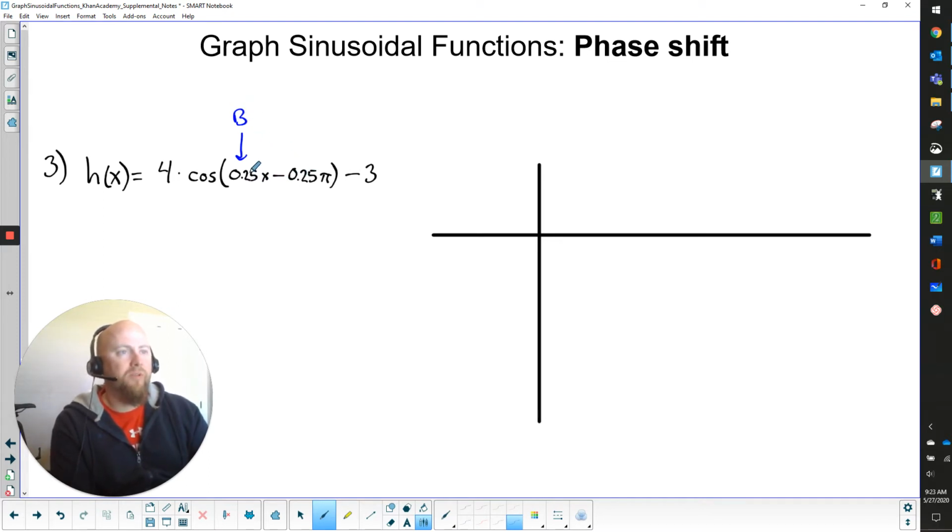So what we want to do is factor b out of that inside expression.